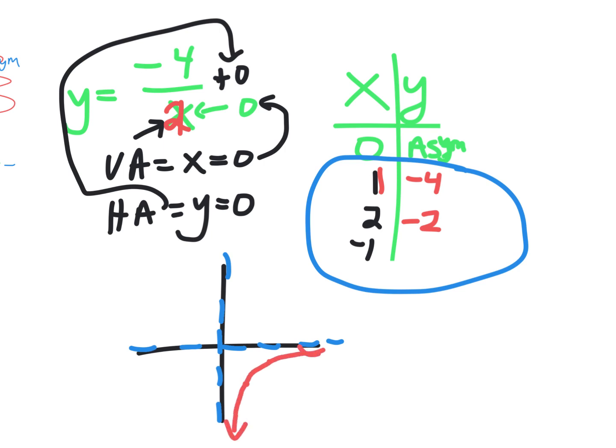Asymptotic behavior, see? Here's a couple points I found. Now I'm going to stick in -1. -1 goes here. And I get -4 divided by -1 makes 4. -1, 4. Oh, it's just going to have asymptotic behavior up here then. There you go. That's the first one on the back page.